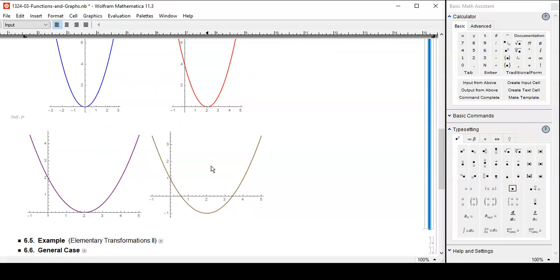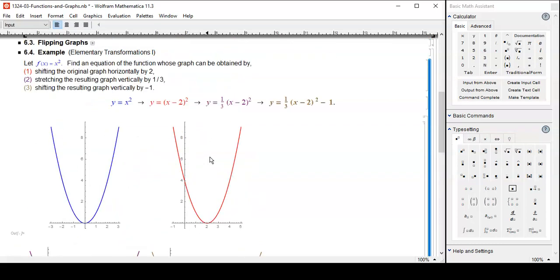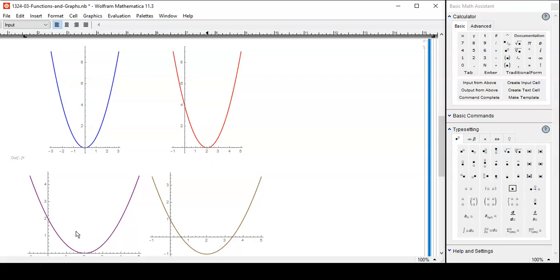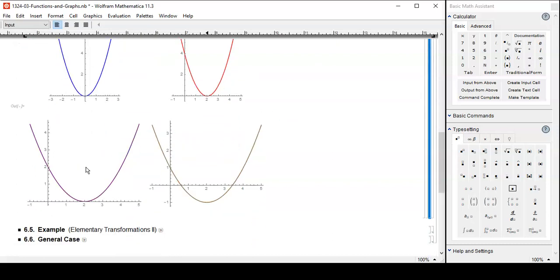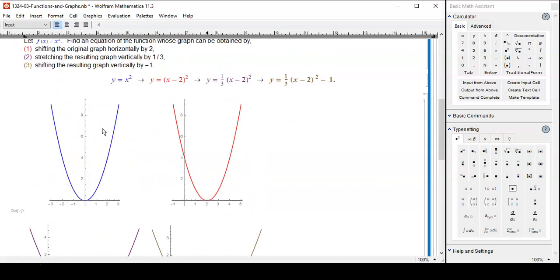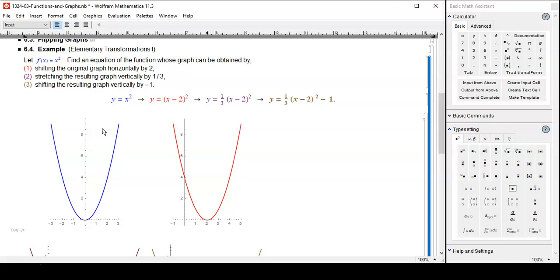And then from here, we want to compress this thing vertically into something like this by a factor of 3. So we're going to compress by a factor of 3, and then the y coordinate will become 1/3 of the original.